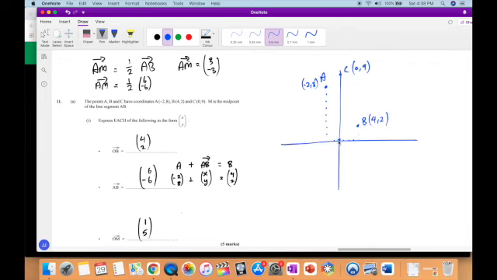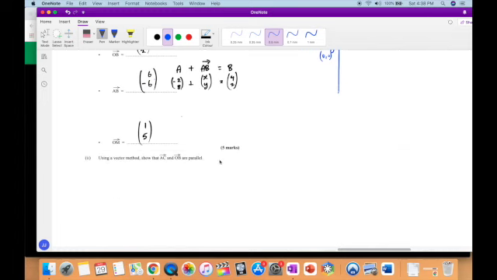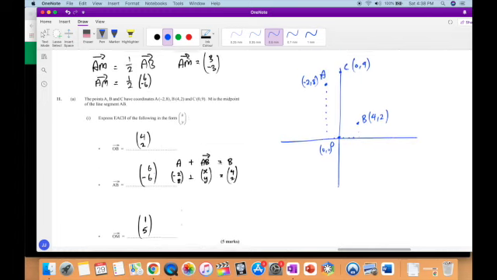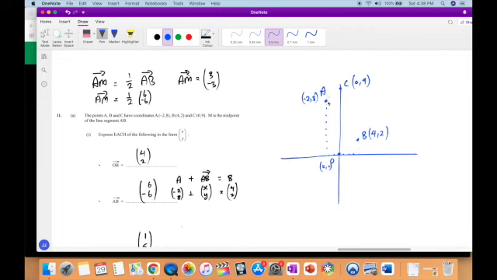And then I have O, which is 0, 0. So what they want is, using a vector method, show that AC is parallel to OB. How can I do that?